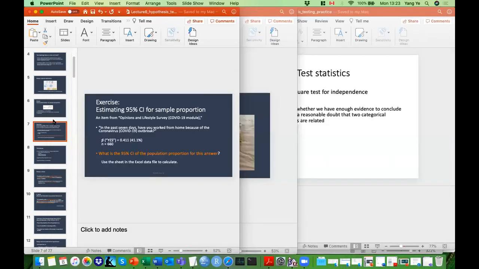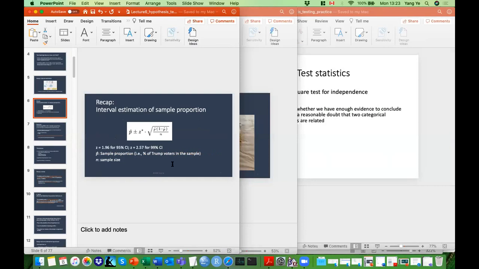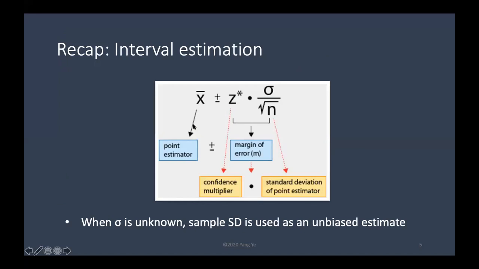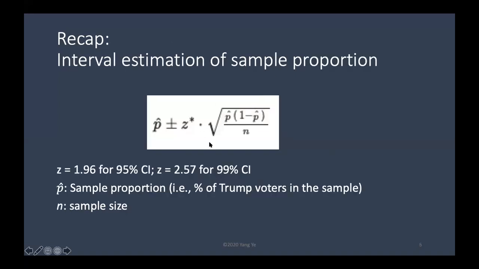Let me bring on the equation again to see how it works. You have a point estimator, which in this case is our sample proportion. Then the confidence multiplier: if we want a 95% confidence interval, we use 1.96. And the standard deviation of the point estimator, in this case, the square root of p times 1 minus p divided by N, which you already calculated.